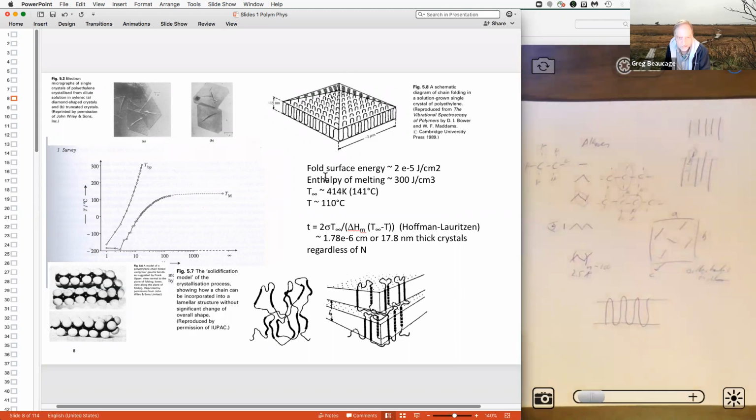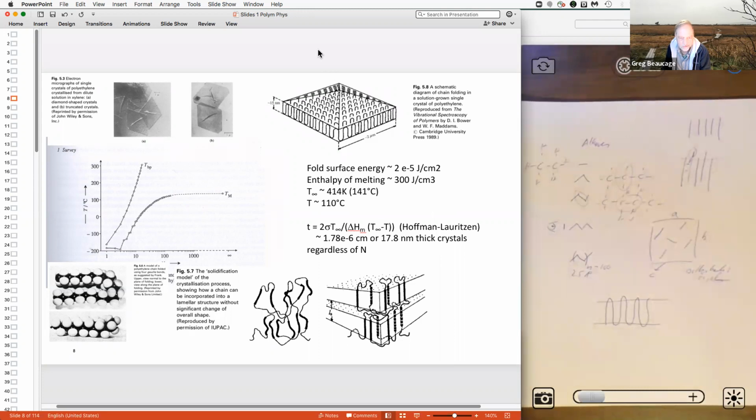The enthalpy of melting per cubic centimeter for the bulk of the crystal is 300 joules per centimeter cubed. If this crystal wasn't folded and was an alkane crystal, fully extended, which you can get by changing the crystallization temperature and extrapolating, it would have a melting point of 141 C.